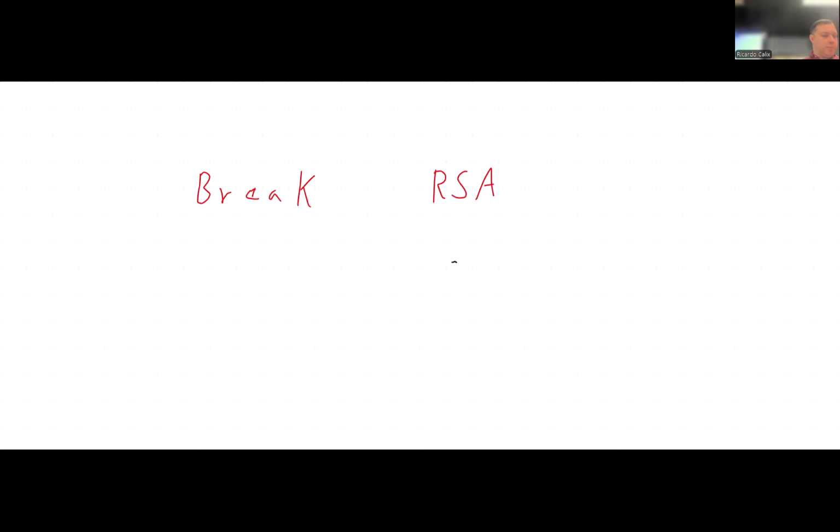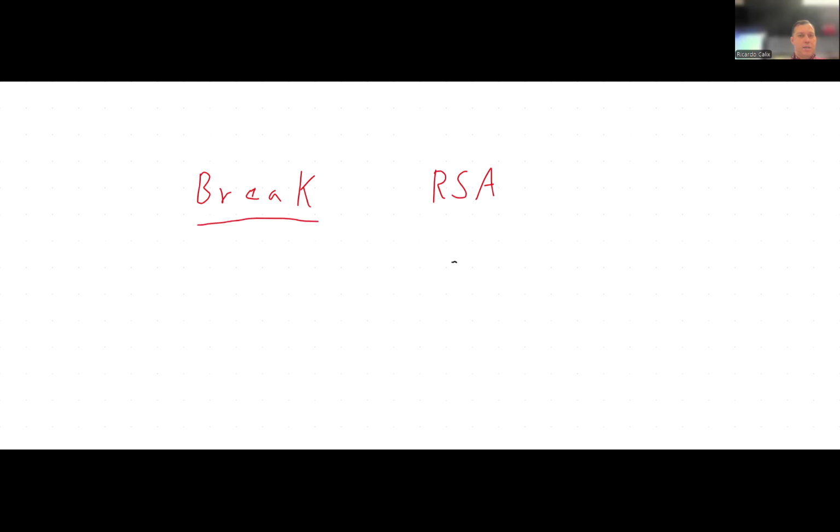So the key. Let's think about it. The idea is something called factorization. That's basically the main approach to try to break RSA.